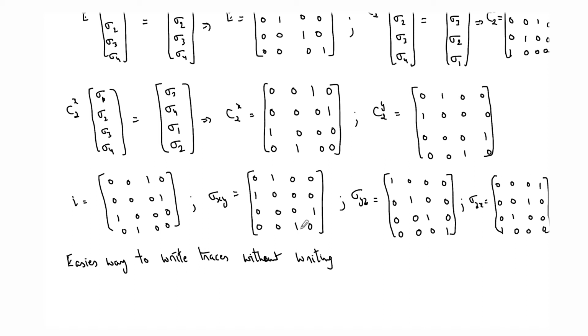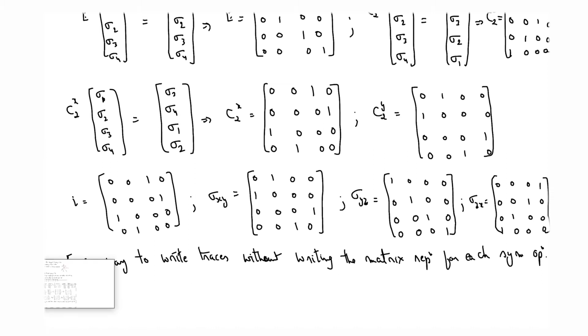But there is actually no need to write the full matrix and then find out the trace. There is a much easier way. You can just look at it and write it. I will just tell you without writing the matrix representation for each symmetry operation. Okay, so the method is basically a thumb rule.